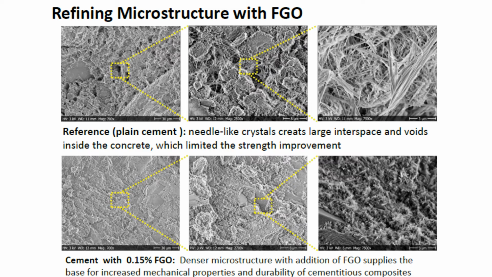So you need a very low dosage of nanofiller or graphene addition, or FGO addition, in order to get a similar or much better improvement in the mechanical property. So this is quite interesting and motivating.